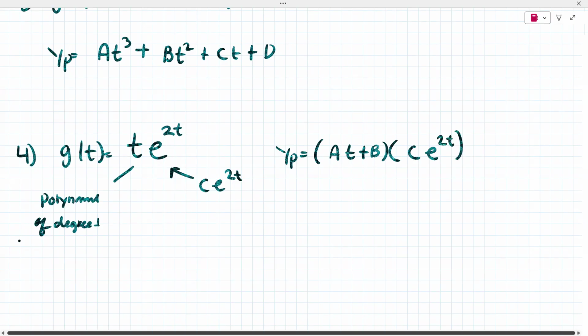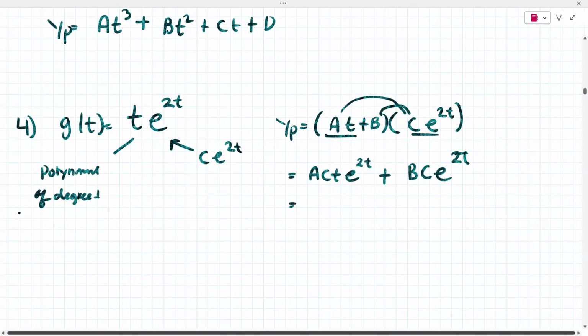And then you're going to have to FOIL this out. So when you FOIL this out, At times C is going to be ACt e to the 2t, plus BC e to the 2t.